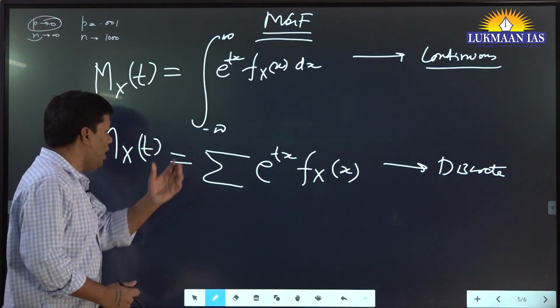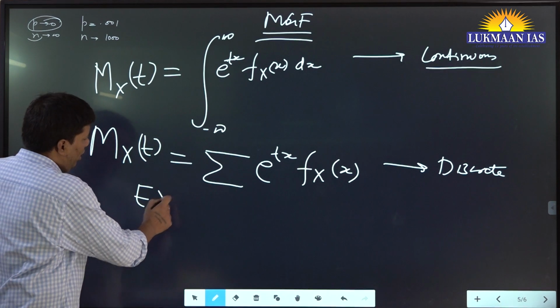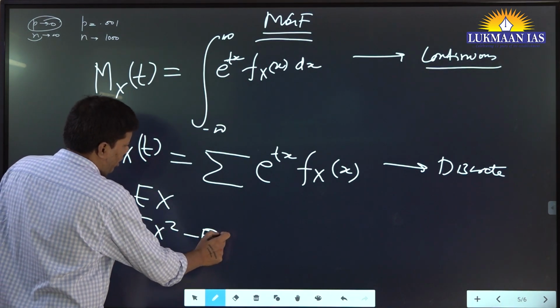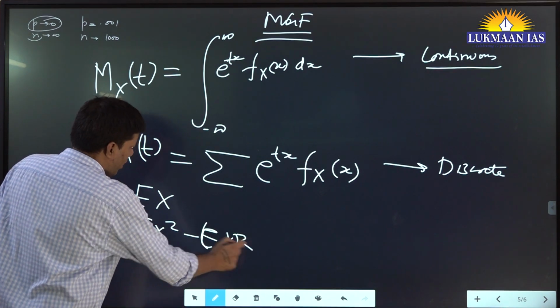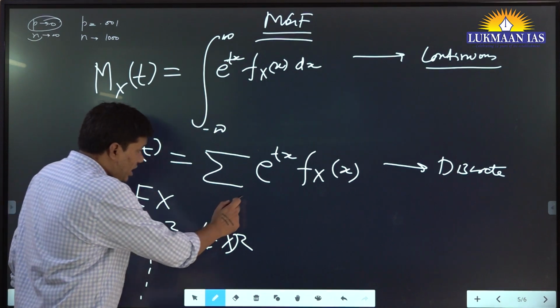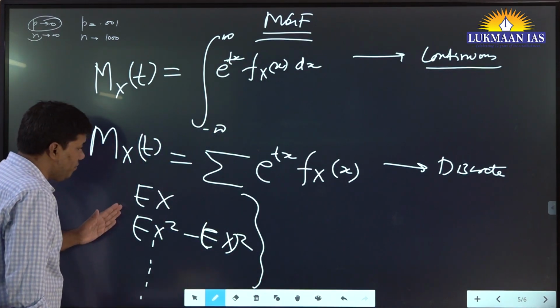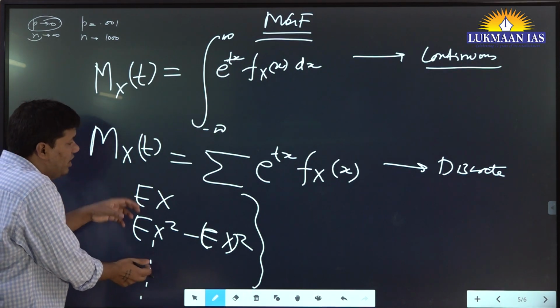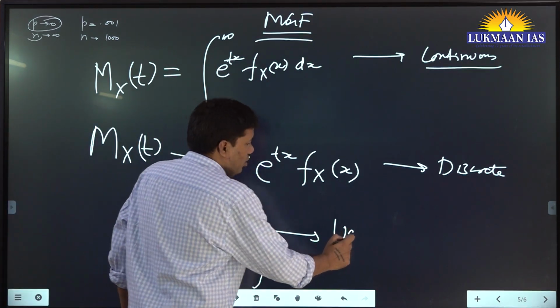Let's say I got EX, first moment, second moment, and this way all the n moments. Even then I cannot say that these moments will characterize a unique distribution.